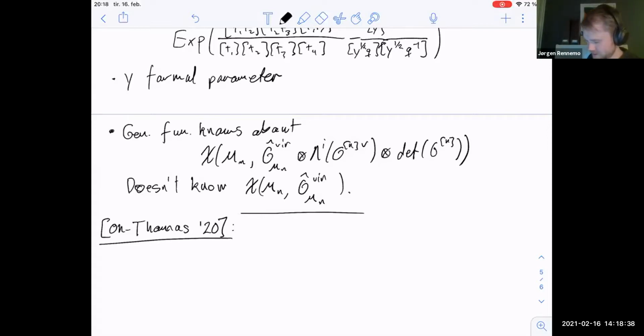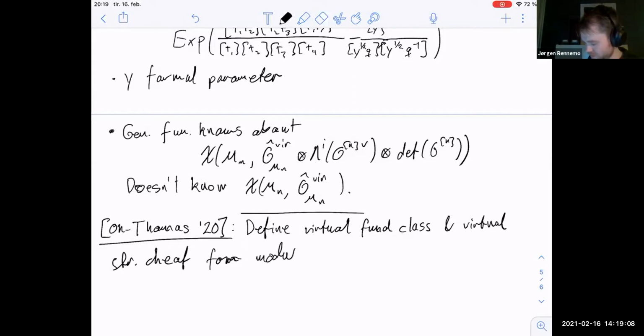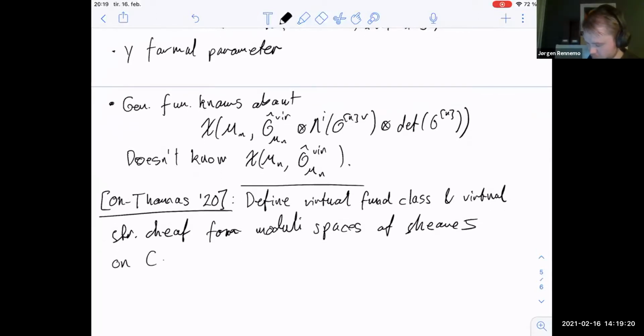What they do mainly is define a virtual fundamental class, something living in homology, and they define a virtual structure sheaf for moduli spaces of sheaves on Calabi-Yau fourfolds.